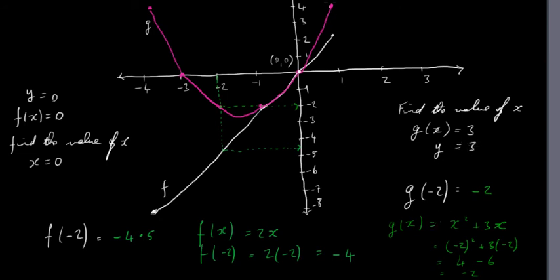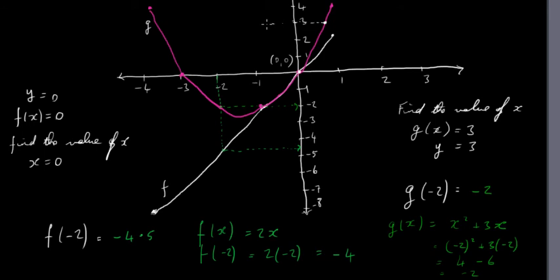You remember this graph here is made up of an infinite number of points, and we want to find the points. We want to find the values of x where y will be 3. So here's our y-axis. Here's where y is 3. So let's just go over to our graph and look at that point.